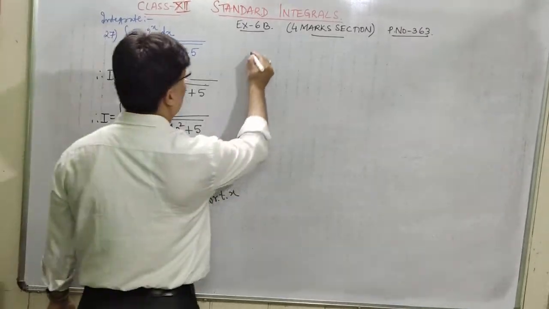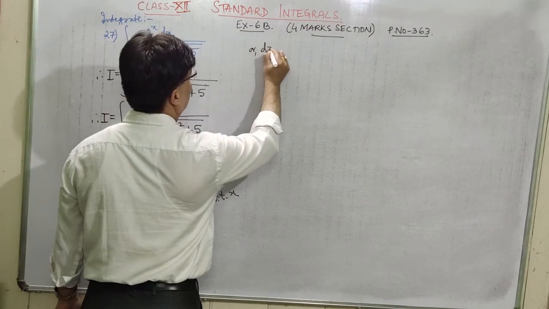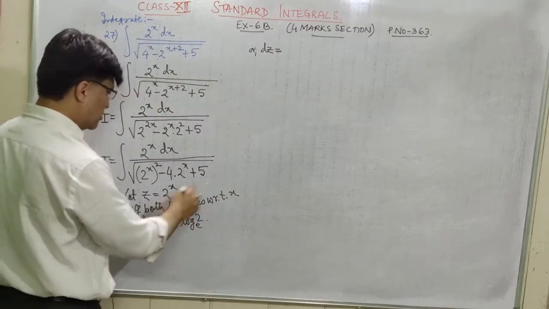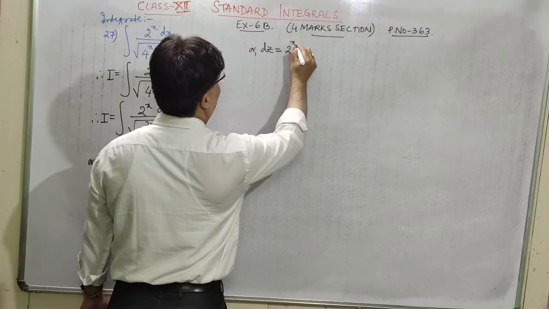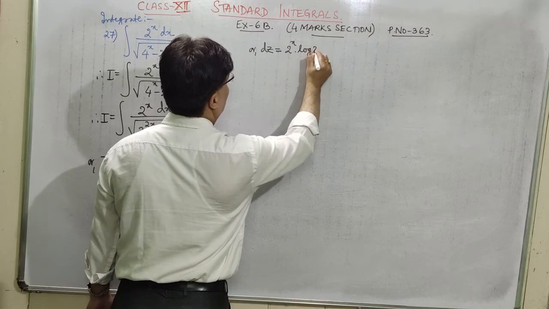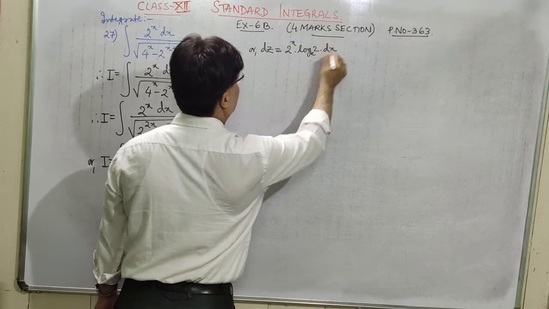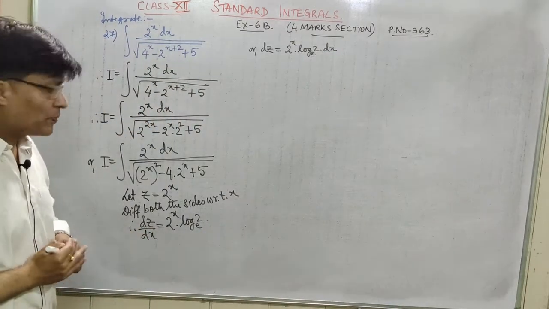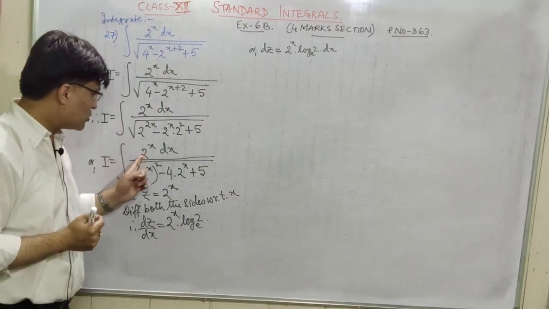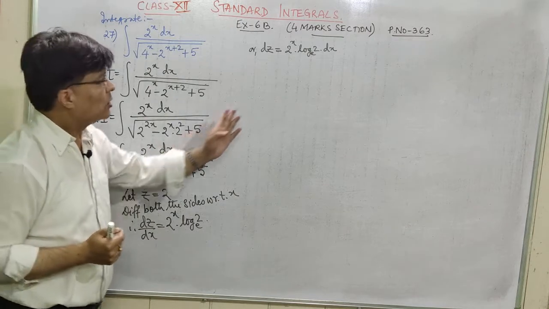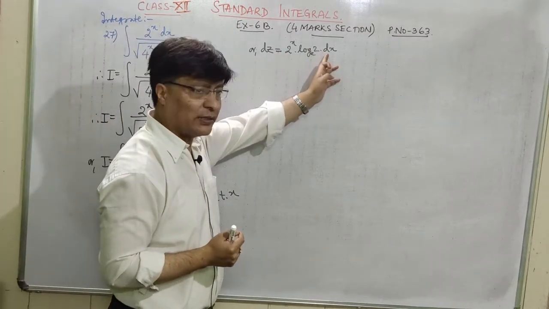Now let us do cross multiplication. So what is dz equal to? It is 2 to the power x log 2 base e into dx. Is that clear? Now we have got in the numerator 2 to the power x dx. So what is the value for 2 to the power x dx?